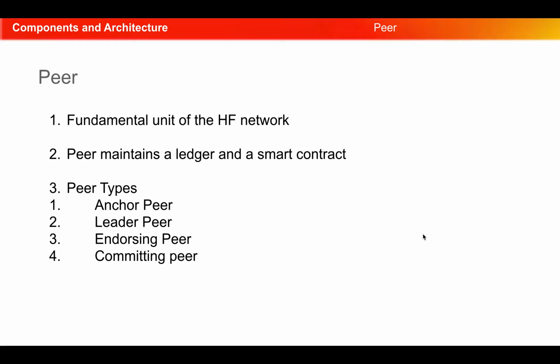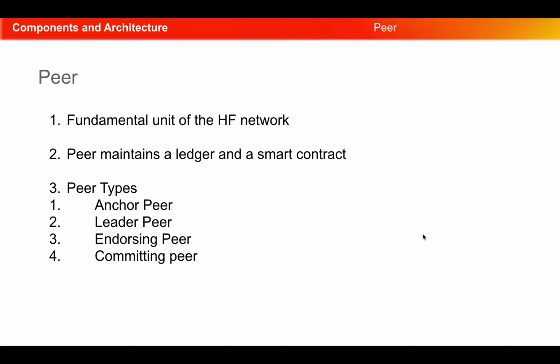Each peer can have multiple chain codes and ledgers. Peers have special system chain codes that are always present by default. Peers communicate to each other by using gossip protocol. A single peer is owned by a single organization, hence a single peer is associated with one single MSP. We will learn about what MSP is later on.